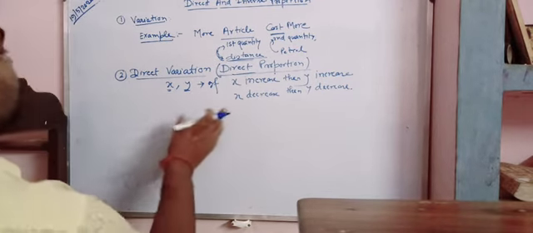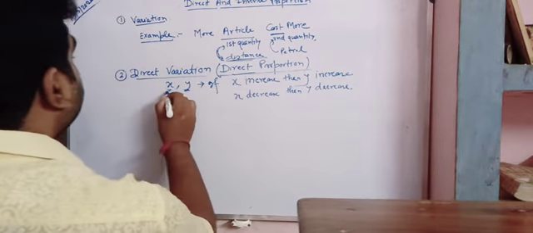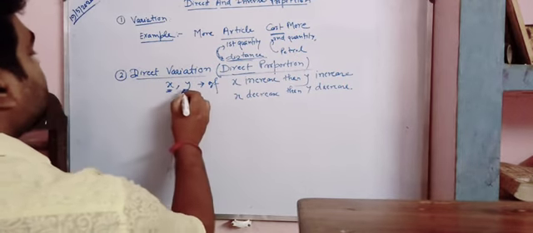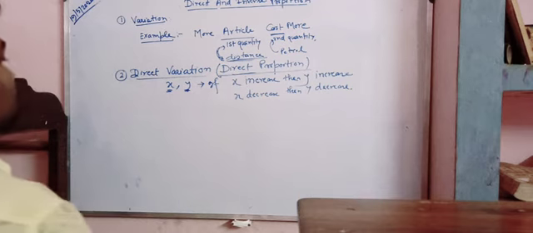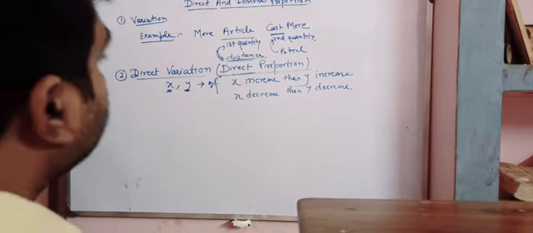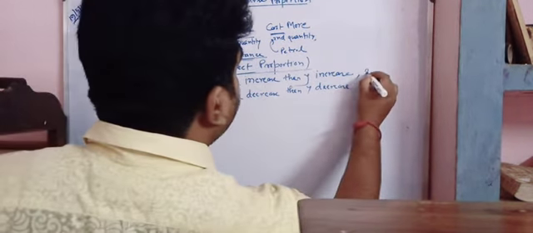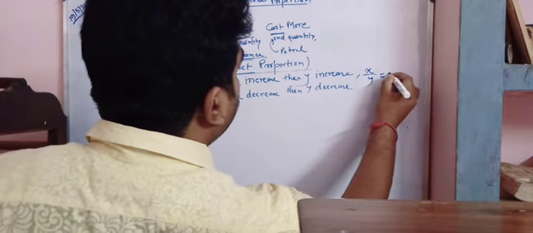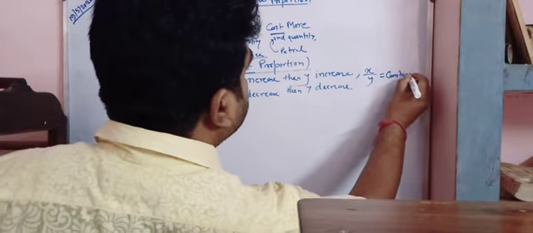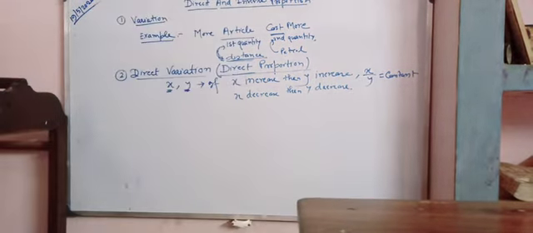That is, if x increases, then y increases, and if x decreases, then y decreases in such a way that x by y remains constant. So that is called the direct variation.